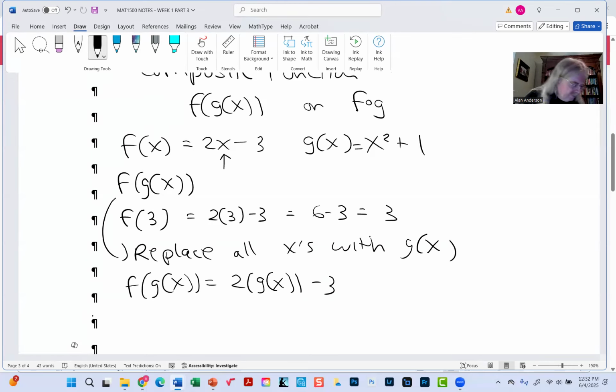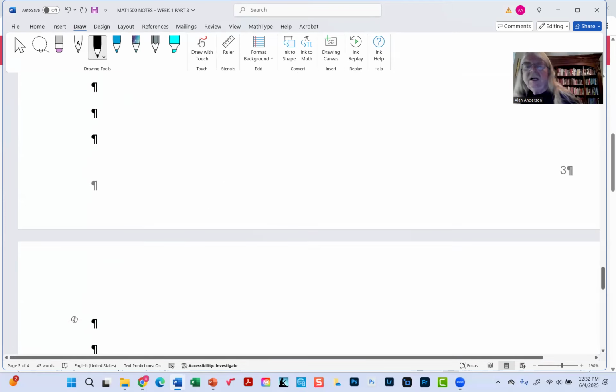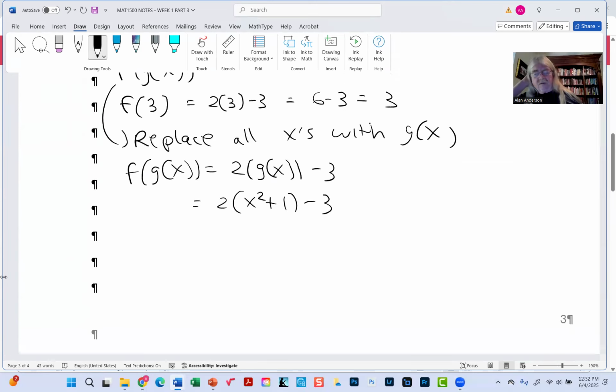Now I'm going to substitute the definition of g of x into that equation. Remember, we defined g of x to be x squared plus 1. Now I just do a little algebra. I distribute this 2 across both of those terms: 2x squared plus 2 minus 3.